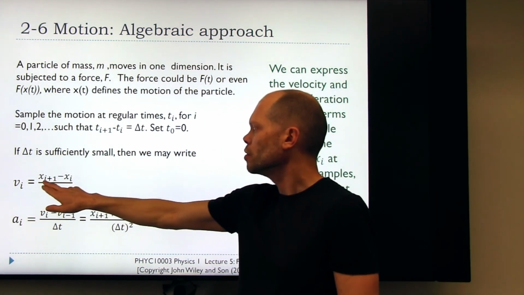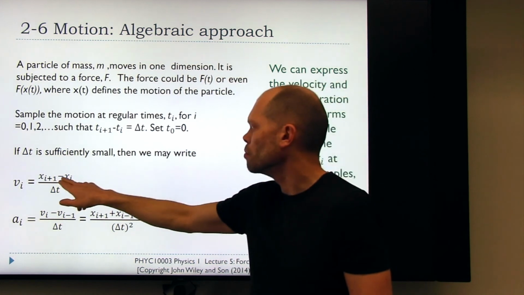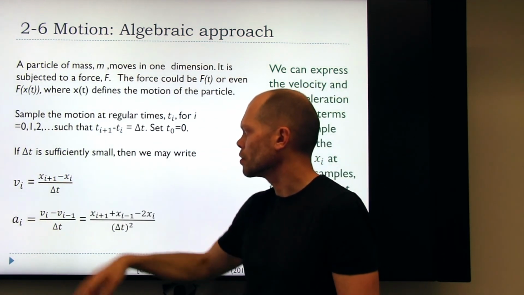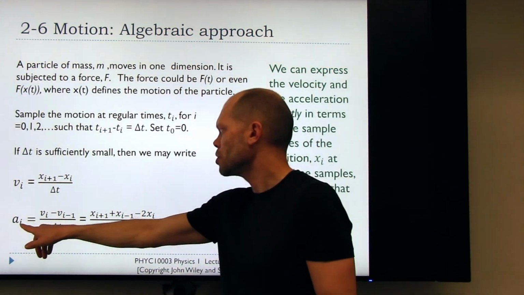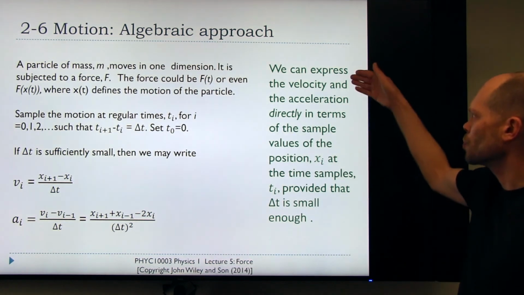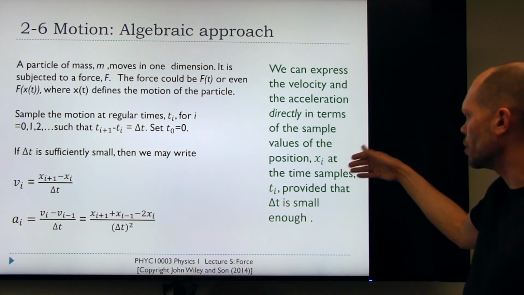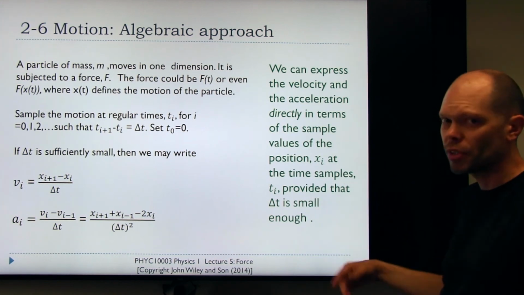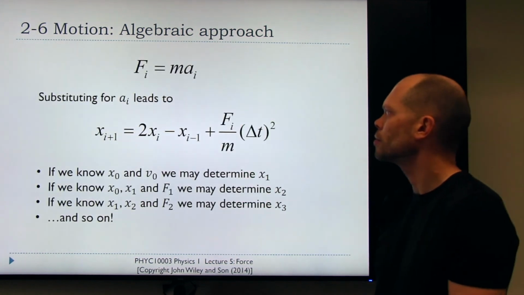Our position i plus 1 minus our position i, over delta t, is our velocity with respect to i, and we can expand that to our acceleration. So we can express the velocity and the acceleration directly in terms of the sample values of the position, x of i, at the time samples t of i, provided that delta t is small enough.